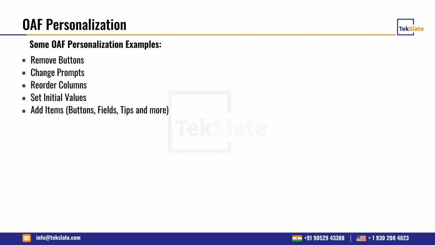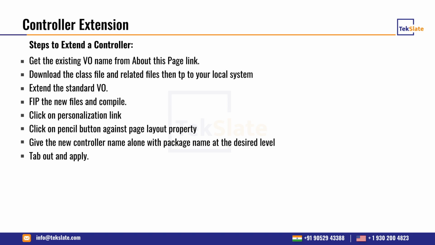The user wants to display the age first and then the name. So we can reorder the columns of the page, we can set initial values, and we can add different types of buttons also. Coming to the extensions, we have different types of extensions. We can do view extensions, controller extensions, and UI extensions, as well as AM extensions as per the client requirement.